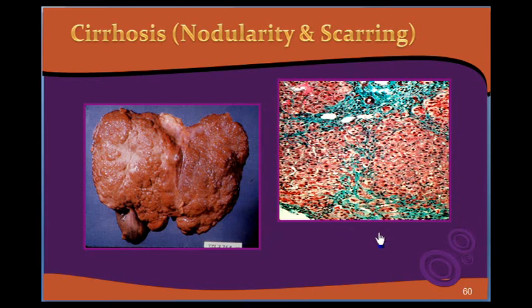Now, this is the histological picture of cirrhosis of liver. You can see these are the fibrous bands, the green ones are the fibrous bands of the liver, the red ones are the nodules, the cirrhosed fibrotic nodular liver with interspersed fibrotic bands, very characteristic of cirrhosis of liver.